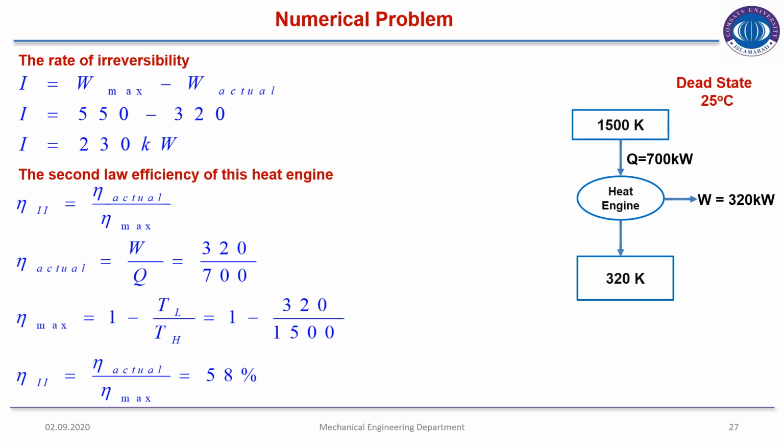TL and TH are also known, that is the temperature of sink and source. So 1 minus 320 over 1500 is the efficiency of Carnot heat engine. When we divide both these efficiencies, actual efficiency 320 divided by 700 and maximum efficiency 1 minus 320 over 1500, the second law efficiency came out to be 58%.